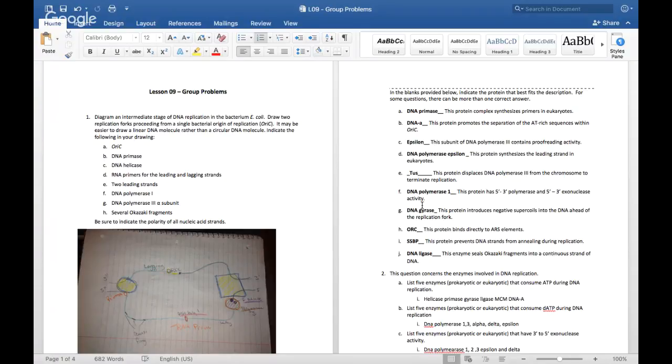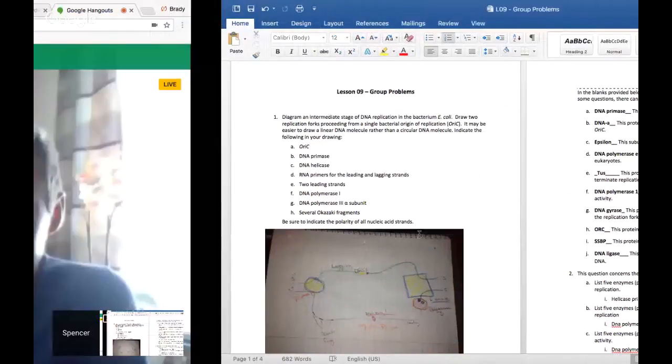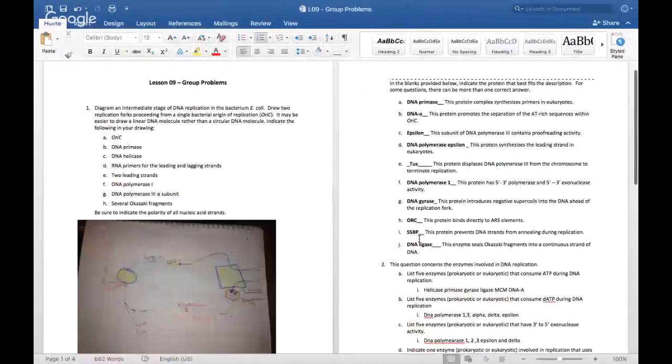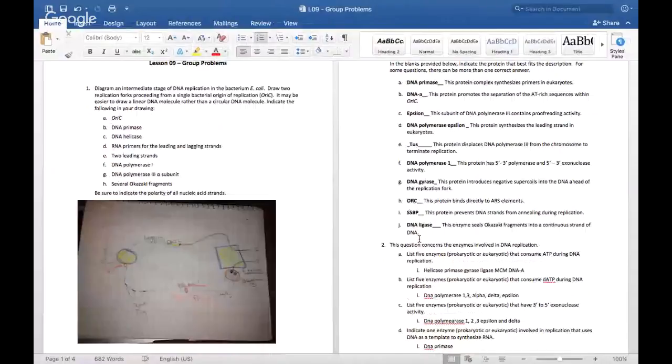F is DNA polymerase 1. G is DNA gyrase. H is ORC. Maybe that's supposed to be ORIC. Spencer, what is that supposed to be? It's ORC. You're good. Okay, ORC. I is SSBP, and J is DNA ligase.